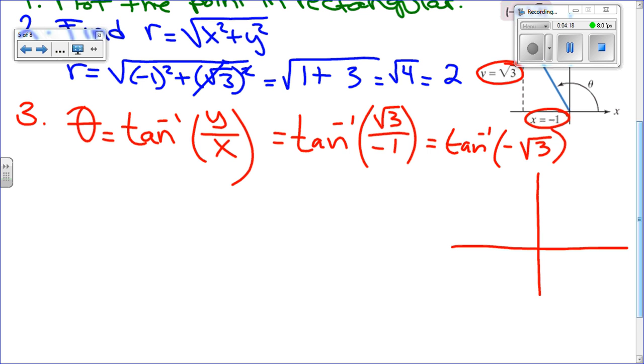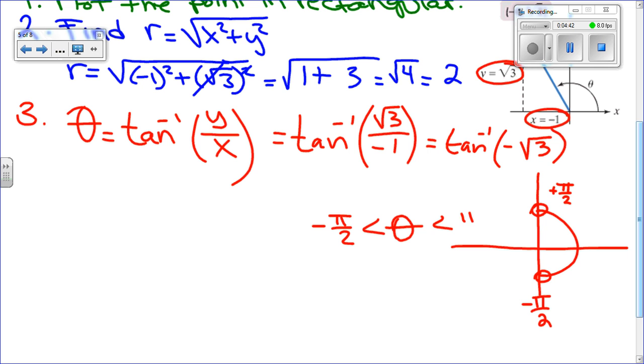The tangent inverse function is defined this way, from -pi/2, which is down here, to +pi/2. In other words, theta is going to be greater than -pi/2 but smaller than pi/2.